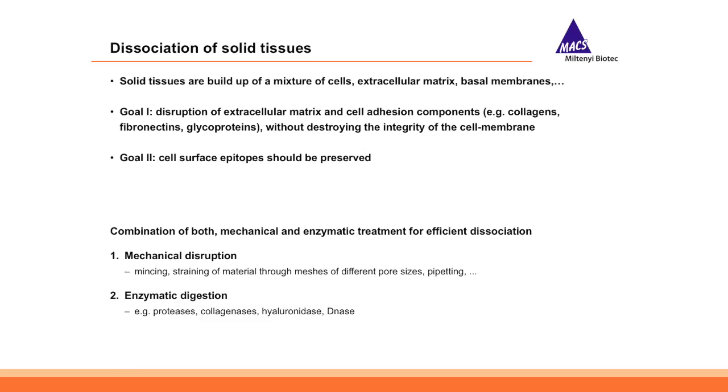Mechanical disruption involves mincing, straining of the material through meshes of different pore size, pipetting, etc. And then the material undergoes enzymatic digestion with several enzymes to complete the dissociation.